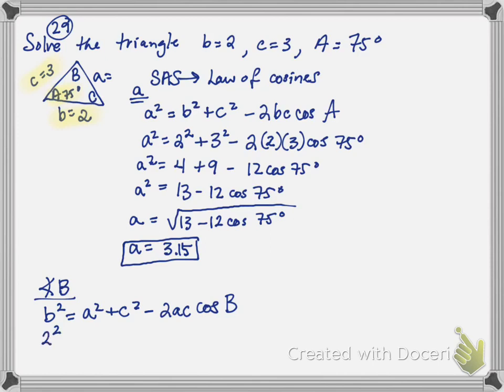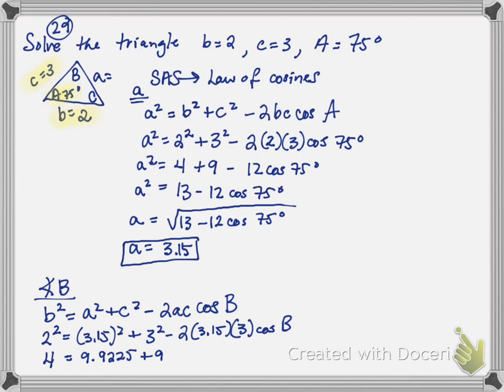So B was 2, so 2 squared equals, A was 3.15, we just found that, we're going to square it, plus C, which is 3 squared, minus 2 times 3.15, which was A, and C was 3, cosine of angle B. Making this a little bit simpler, I get 4 equals 9.9225 plus 9 minus 18.9 cosine of angle B.